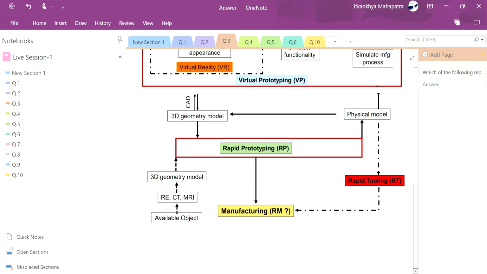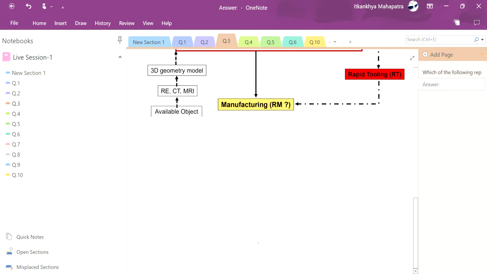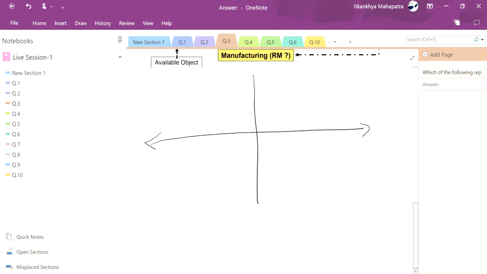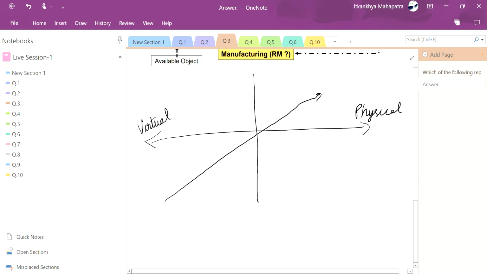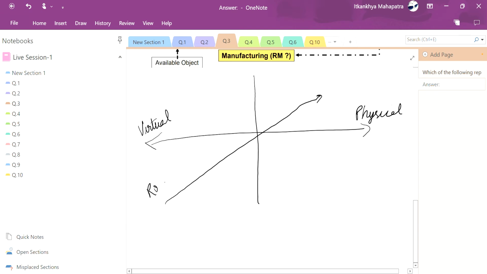Consider an example with a graph: this axis as virtual and this as physical, going from rough to accurate, and this is complete.